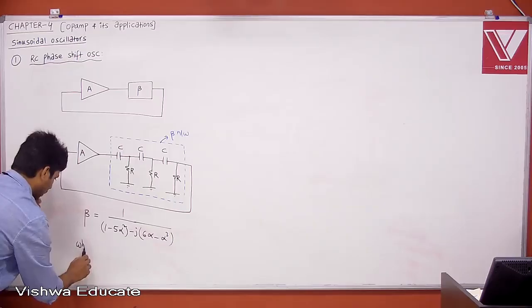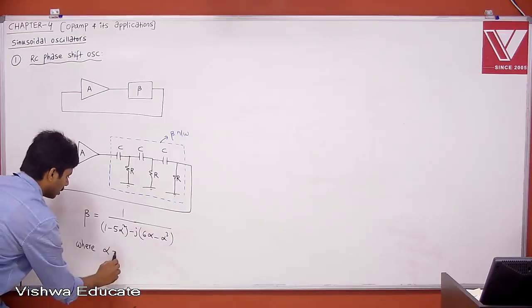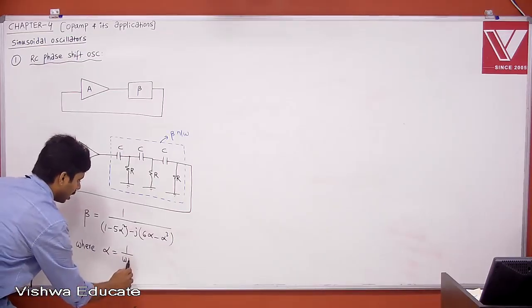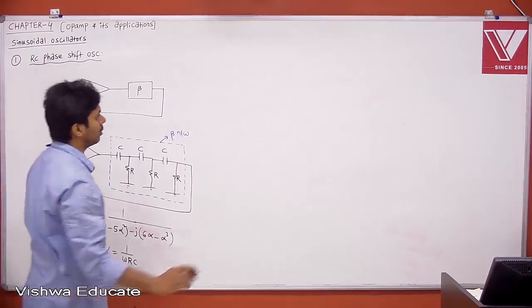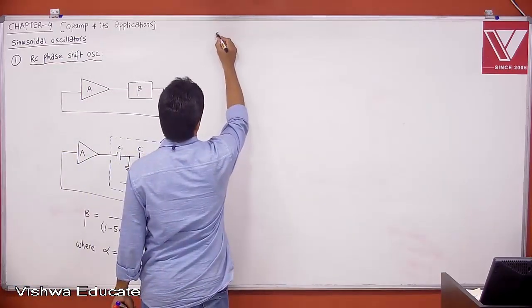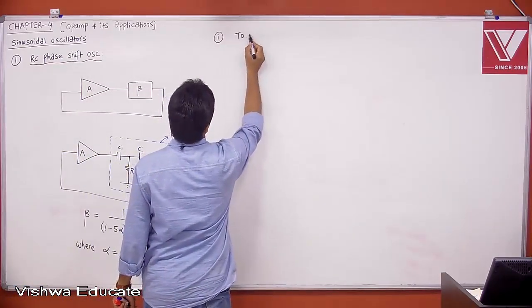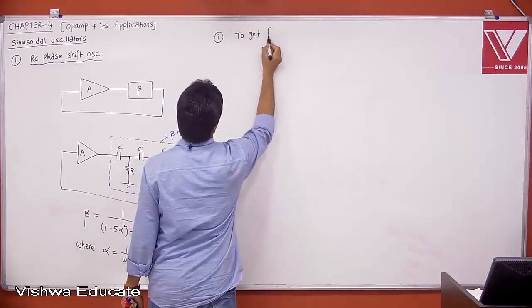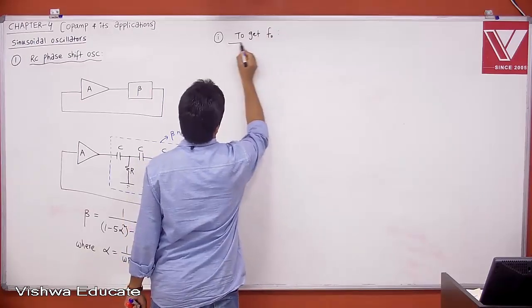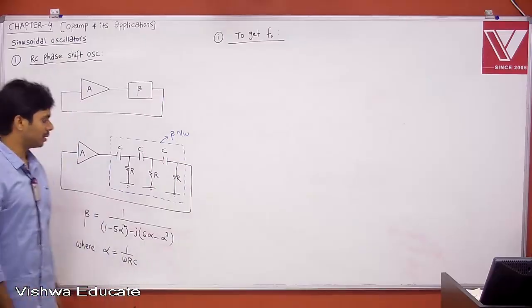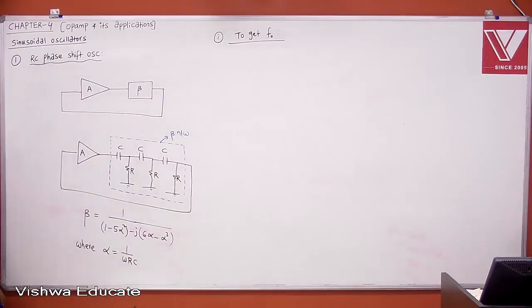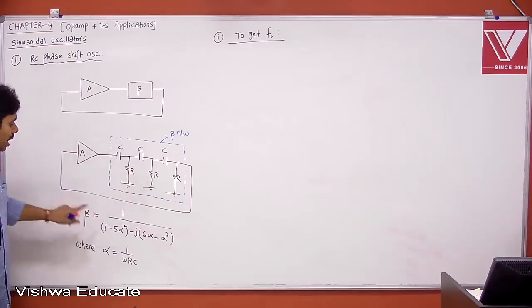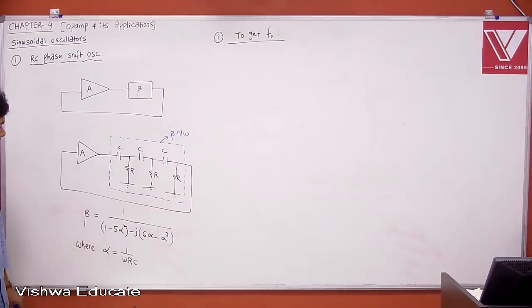where alpha is equal to 1 by omega RC, right? Now, the first point is to get f naught, the frequency of oscillations, which is nothing but the resonant frequency f naught. Now listen. The frequency at which the beta network is giving 0 degrees or 180 degrees, to get total loop phase shift 0 degrees, that will be your frequency of oscillations, right?